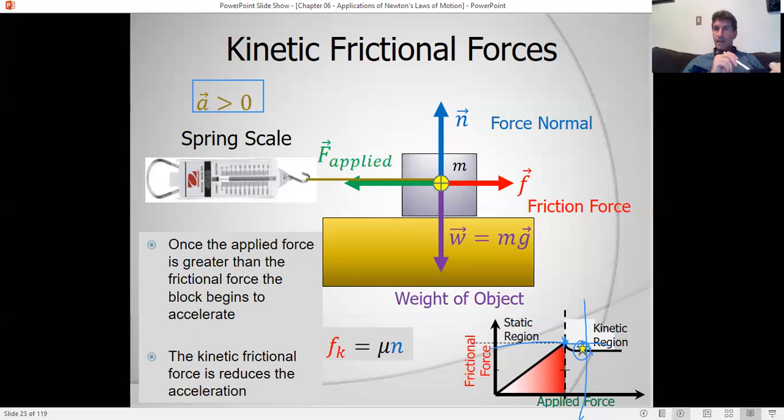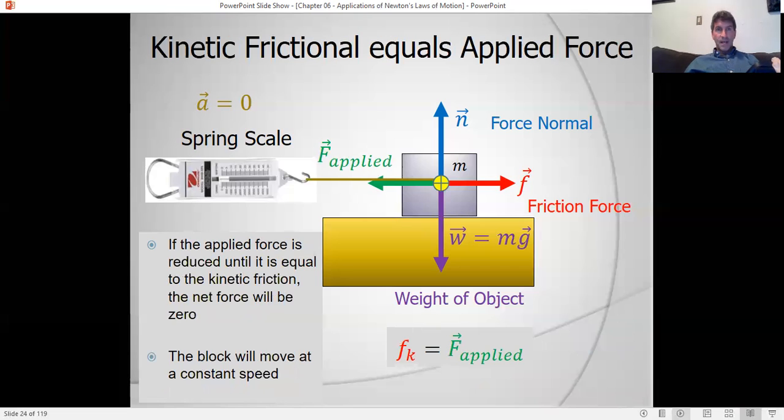Now, I can actually measure that frictional force, okay? I can determine the frictional force by using the weight of the block and how much force I need to apply to either first get that block moving, which would be related to the static coefficient of friction, or, once it's moving, keep it moving at a constant rate. Okay?